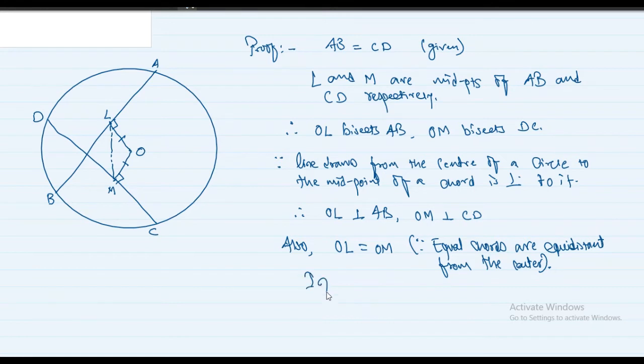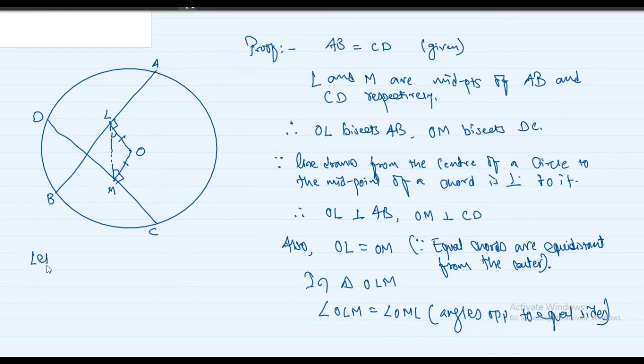So in triangle OLM, angle OLM will be equal to angle OML, that is, angles opposite to equal sides are equal. So these two angles are equal. So let angle OLM equal angle OML equal x.